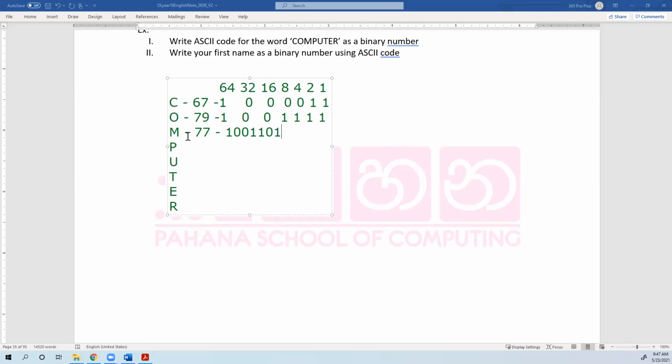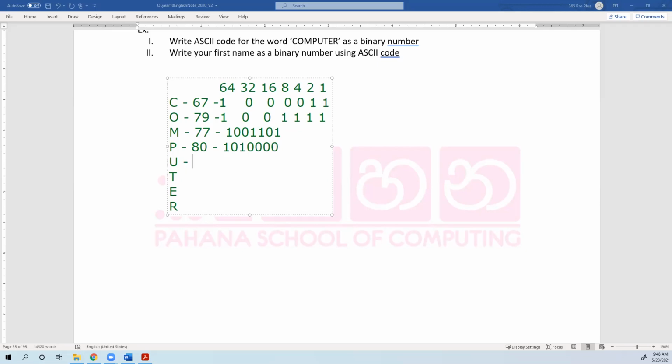Yes, that's why we have done the subtraction. Then P is 80, which means you can add 1 to 79. So that means 64 and 16. So we have 1, 0, 1, 0, 0, 0, 0.